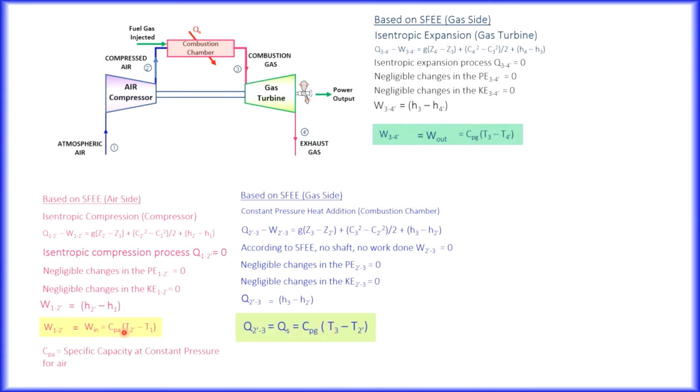CPG has a different value from CPA. Please take note. If you are referring to a closed unit, then you don't have a difference between CPA and CPG. You have CPA the same throughout the whole process.